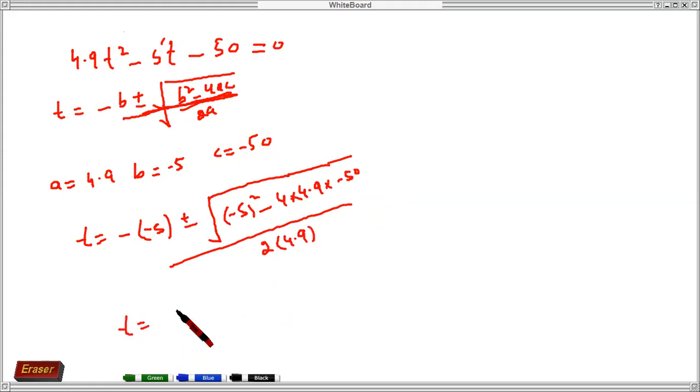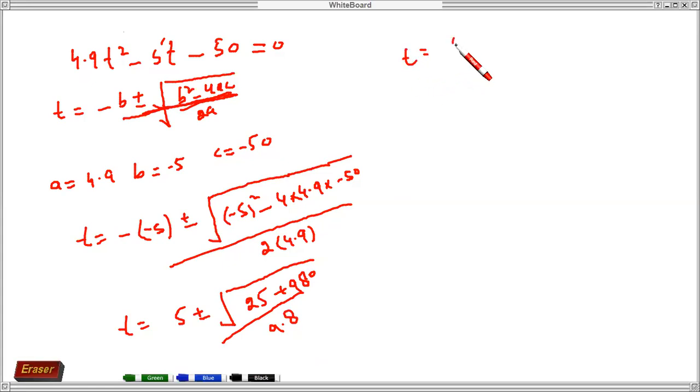So time is equal to 5 plus minus. 5 square is 25. Minus multiplied with minus 50, so plus. 4 multiplied with 4.9 multiplied with 50 equals 980. 980 divided by, 2 multiplied with 4.9, which is 9.8.